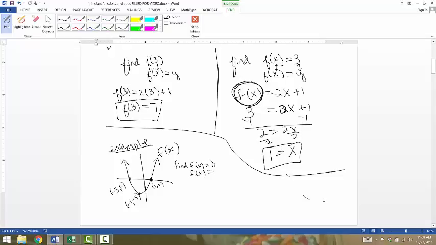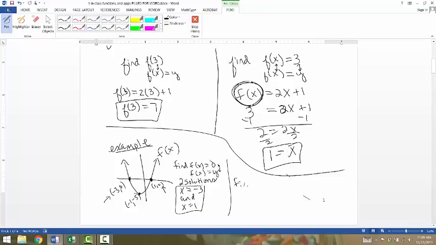If we compare it back, f of x equals y. This time we're saying y is 0. The f of x value is 0. The y value is 0. On this graph, that is this point here at 1 comma 0 and this point over here when negative 3 is the x. So there's two solutions, two places where f of x is 0. It occurs when x is negative 3, and it also occurs when x is 1.